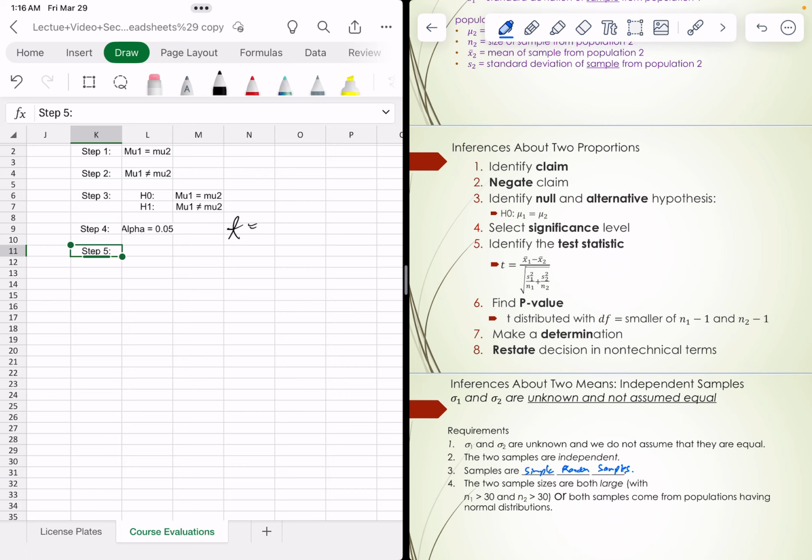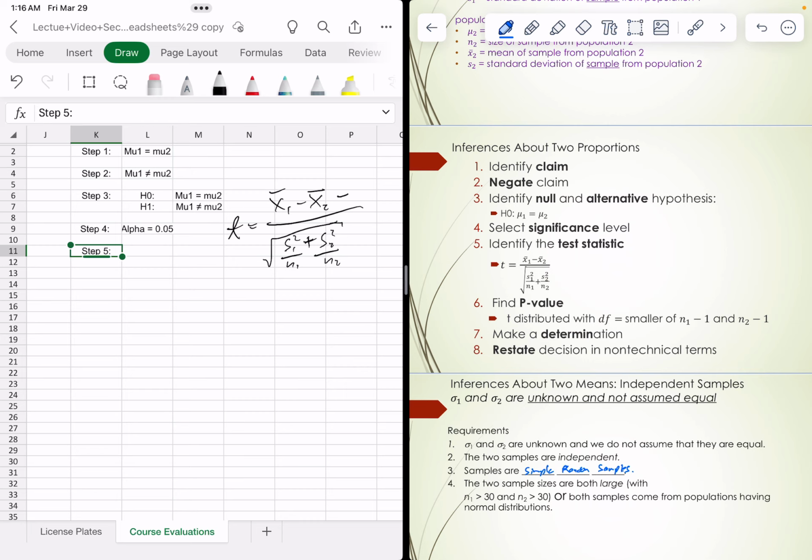T equals x bar 1 minus x bar 2 over the square root of s1 squared over n1 plus s2 squared over n2.